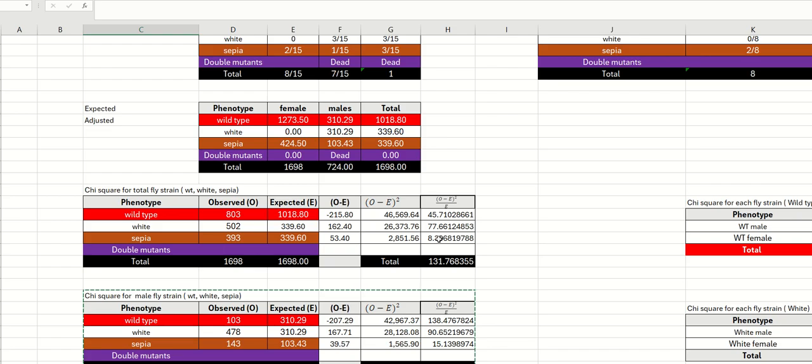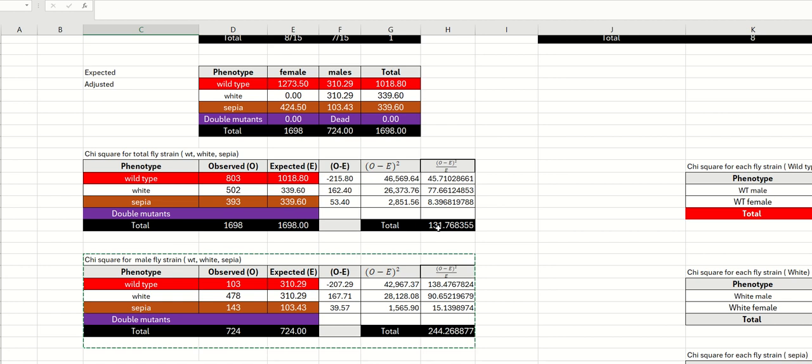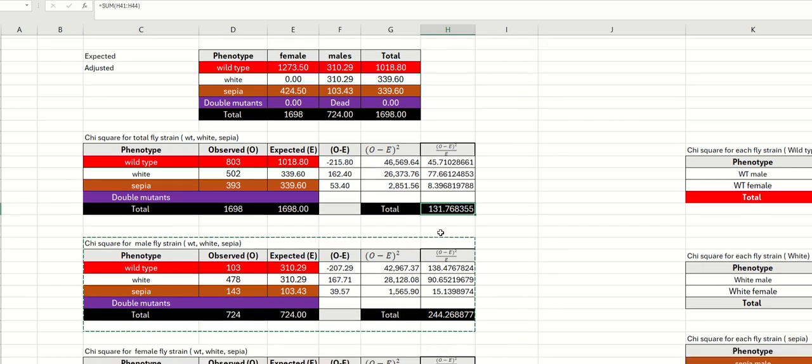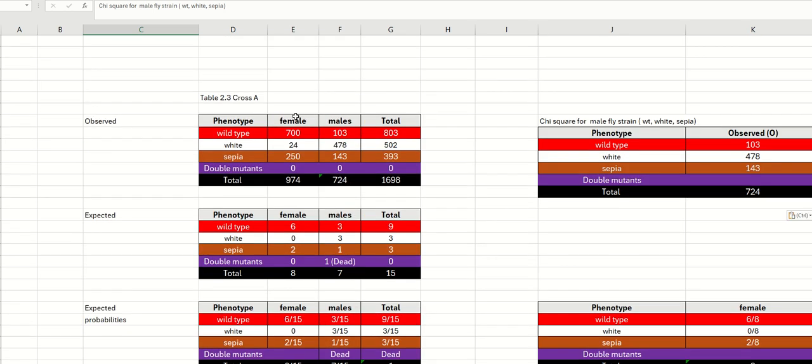Here, if you see the cross A, what we found is this: you reject the null hypothesis, the value is really high. I think many of you got that. Then you can do one for the wild type, and I will show you in a second how to do it. Does this make sense? You can do the chi-square just in your mind.